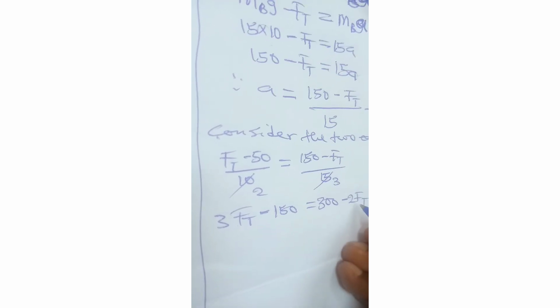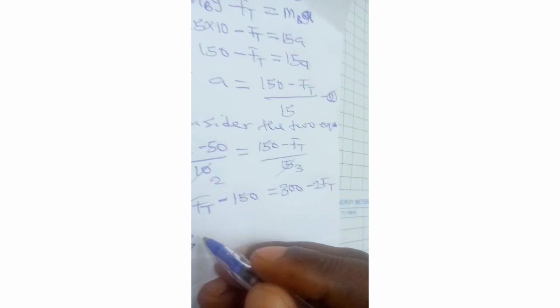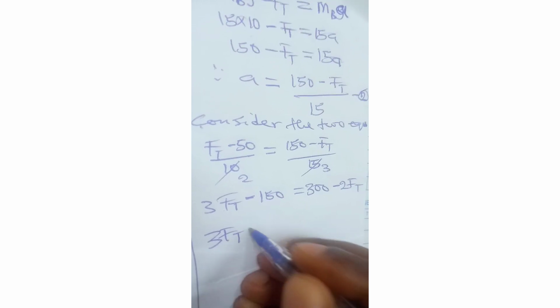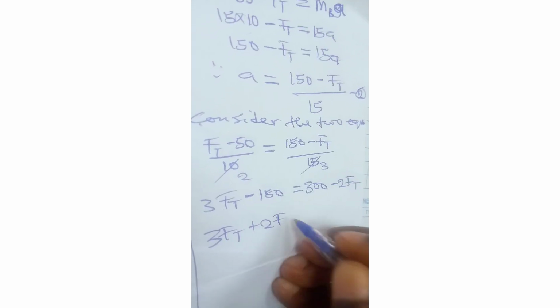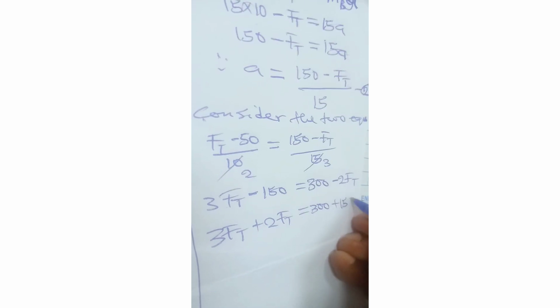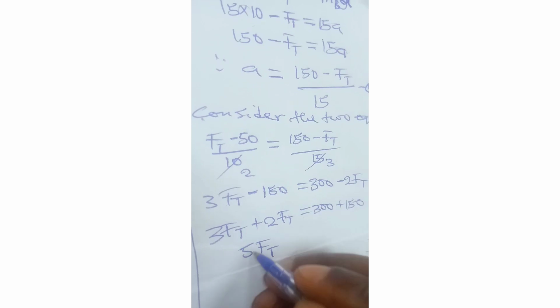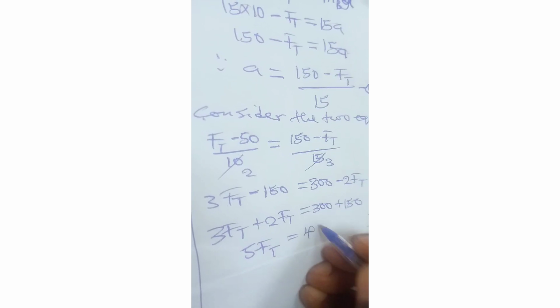Now at this point, collect the like terms. You are going to take this one to this side. That's 3FT plus 2FT is equal to 300 plus 150, and that's going to give us 5FT is equal to 450.